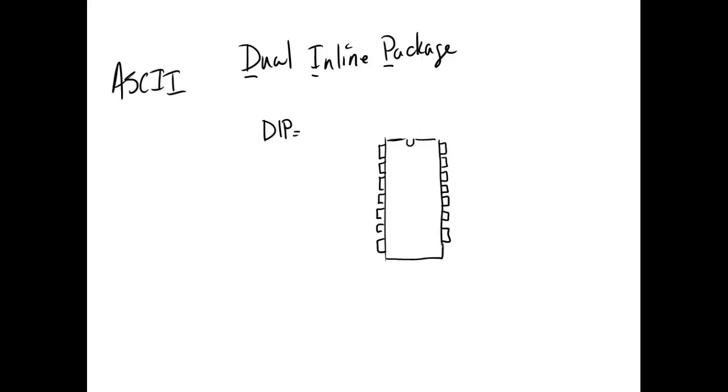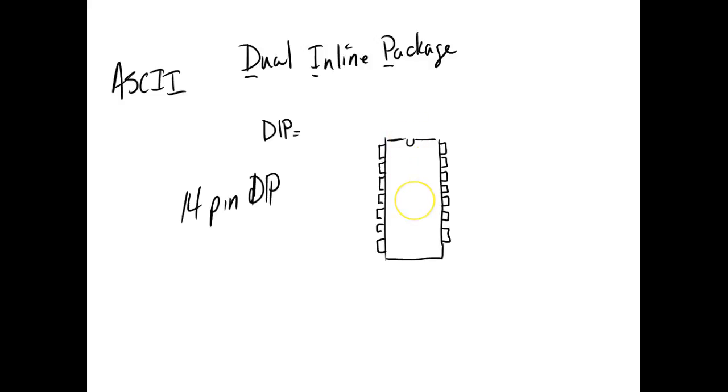What we're going to pass around now is what we call a 14-pin DIP. And acronyms are supposed to be given in all uppercase. So we call this a 14-pin DIP.